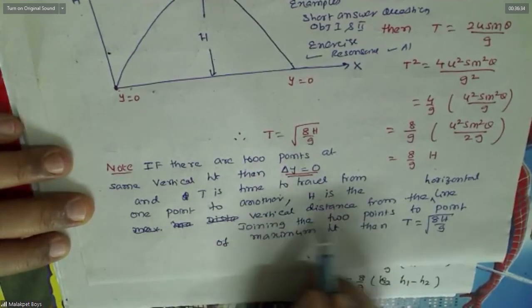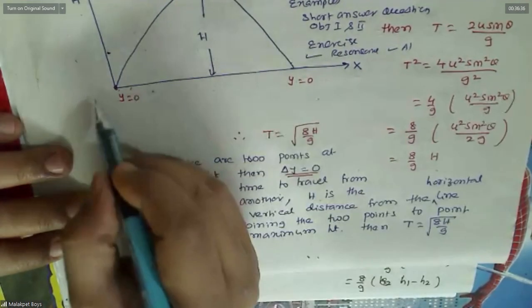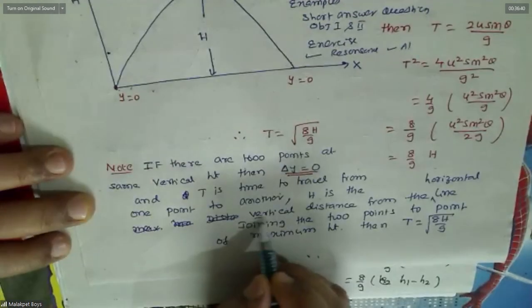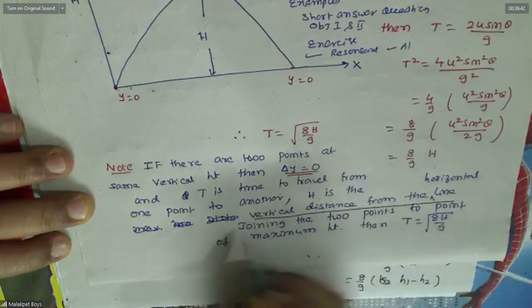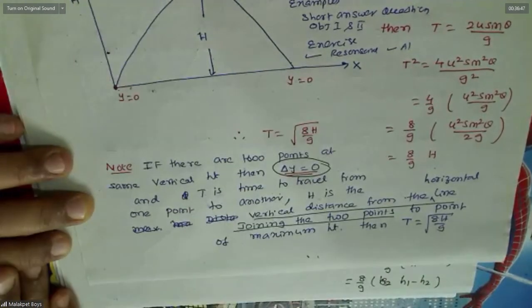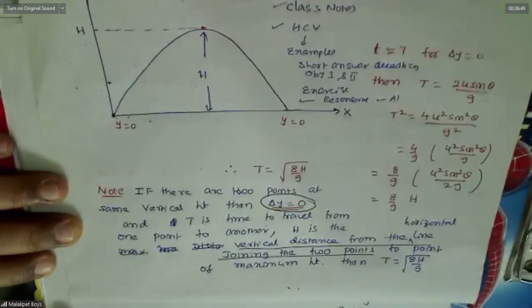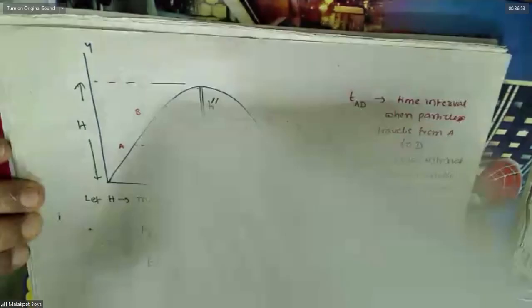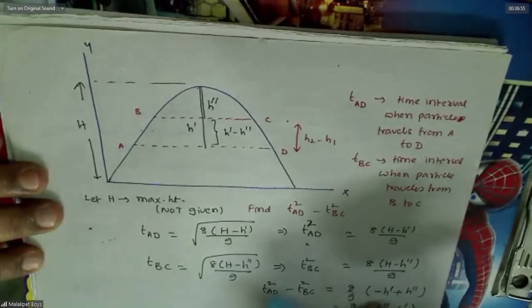H is the vertical distance on the line joining the 2 points, where you have delta y as 0. Agreed? I am considering 2 points. One is where you have delta y as 0.